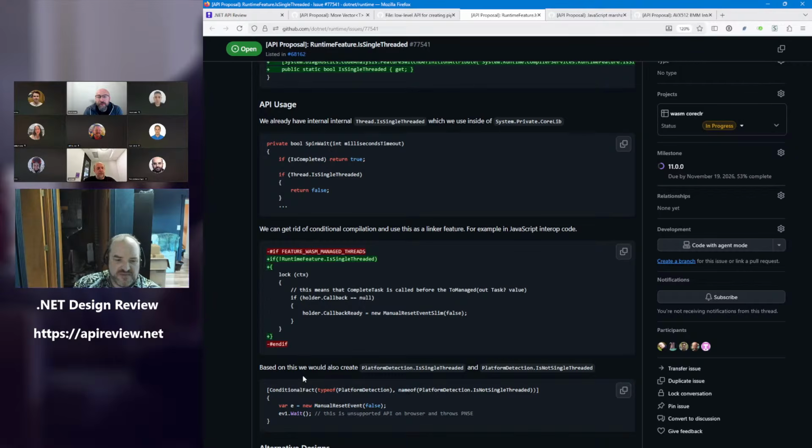Does it help? Yeah, so spin wait's the core use case. And the other thing, we're probably going to just take the lock anyway because it doesn't matter. Yeah, you would take the lock, and then the lock would be implemented by the runtime on WASM to say, oh, I'm single threaded, therefore I do not need a barrier or something else, and it becomes an optimization point in the concurrency primitive.